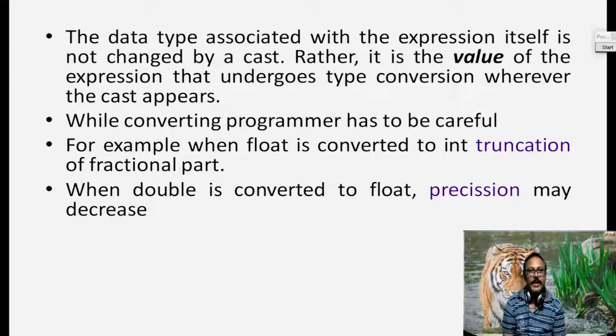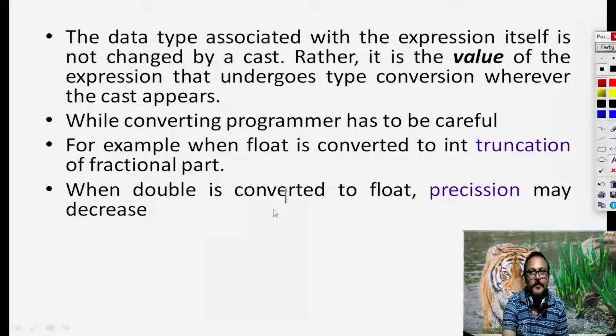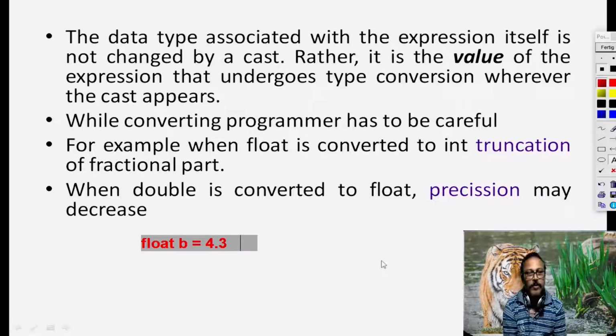The data type associated with the expression itself is not changed. Suppose float b is 4.3, and you write (int) b.